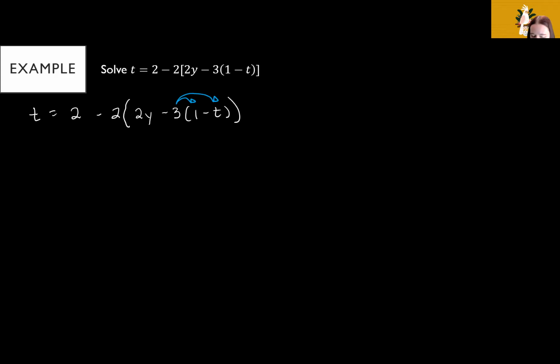So I have this minus 3 that I need to multiply through. And if it helps, you can convert a minus 3 to plus a negative 3 to make sure that you're doing your distributing correctly. And instead of 1 minus t, you can write that as 1 plus a negative t, just to make sure, if you tend to make sign errors, that you don't have mistakes there.